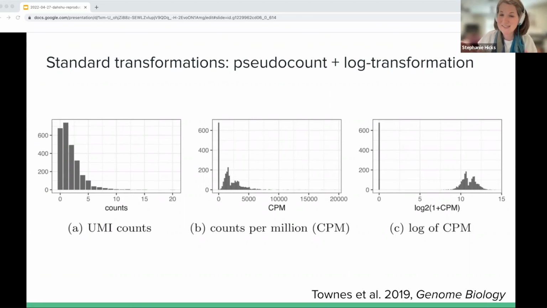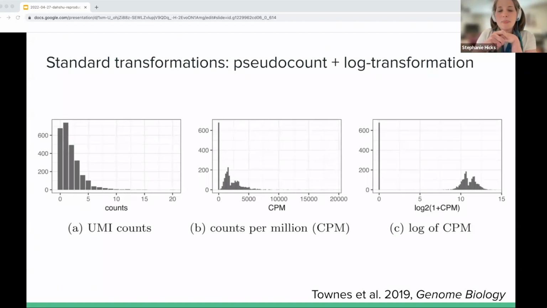And if you squint, it kind of looks Gaussian. I know there are two modes, just ignore that. But in general, it looks Gaussian. And then again, you have this point mass at zero that remains zero. Sorry, I should have mentioned that there's a pseudo count in here. It's the log of the CPM plus a pseudo count of 1.